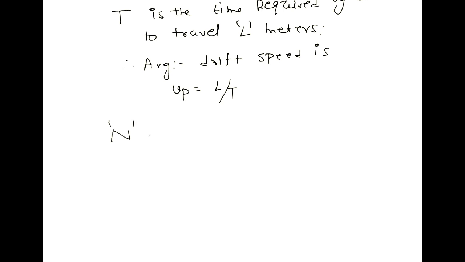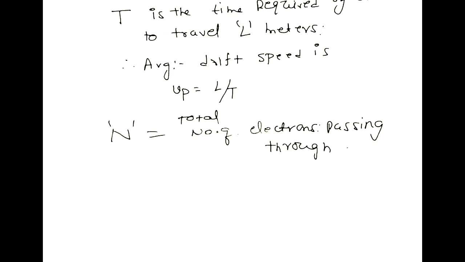Suppose capital N is the total number of electrons passing through any cross section of the material in T seconds.